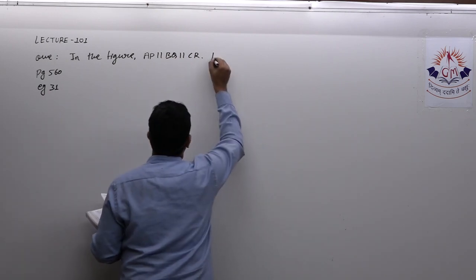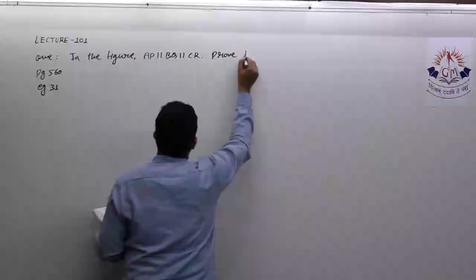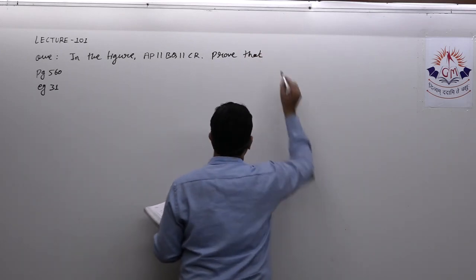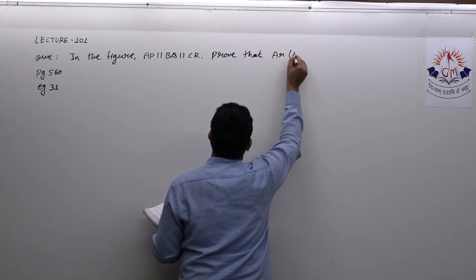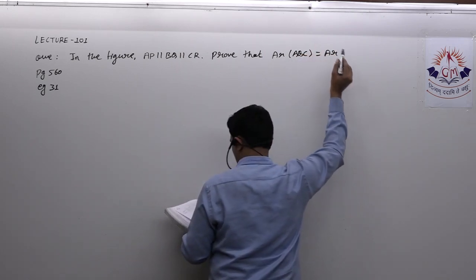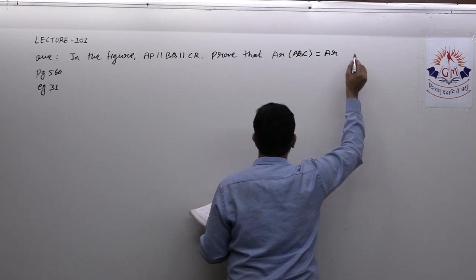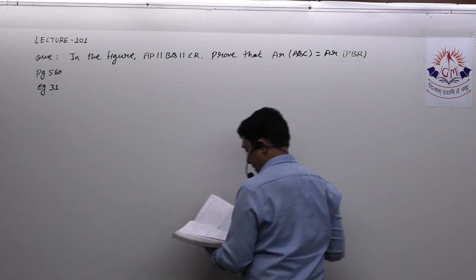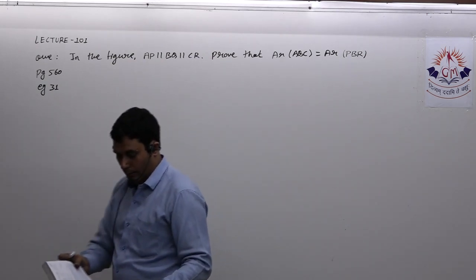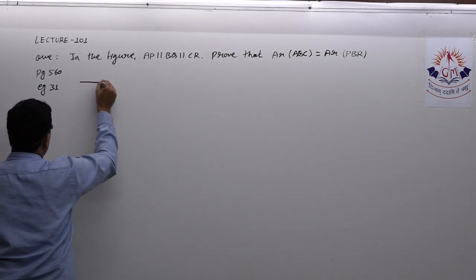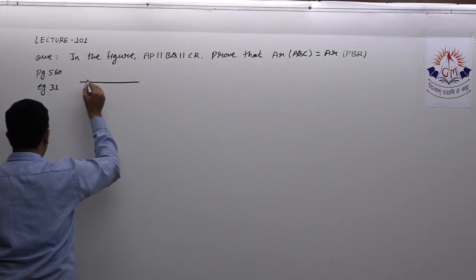Prove that area AQC is equal to area PBR. Okay, the diagram is given. So it is something like this.